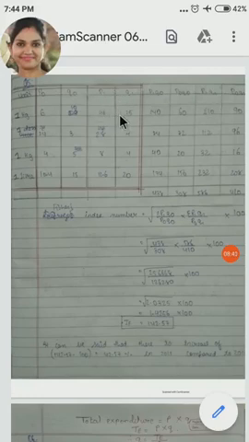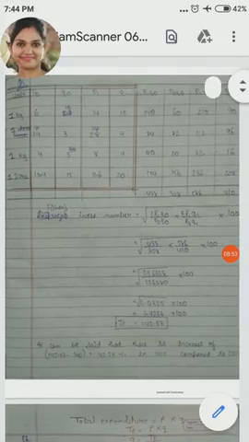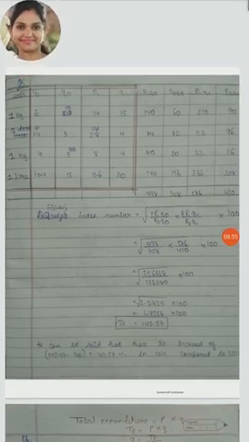P1Q1 means 14 into 15, 210. 28 into 4, 112. 8 4s are 32. 11.6 into 20, 232. And last column is P0Q1. It means P0Q1, this first and last column. 6 15s are 90, 24 4s are 96, 4 4s are 16, 10.4 into 20.